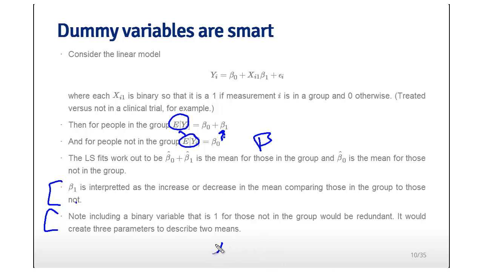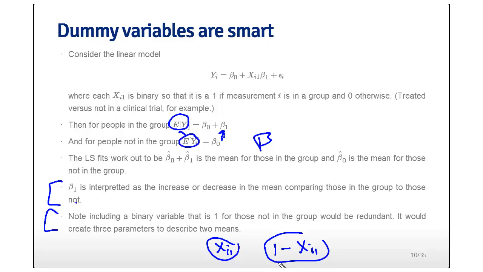If xi1 is our variable that's 1 for those in the group and 0 for those not in the group, then including a variable that's 1 for those that are not in the group and 0 for those who are in the group, that variable just turns out to be 1 minus xi1. You can double check that, but it's pretty clear, right? When xi1 is 1, it's 0. When it's 0, it's 1. So it just reverses the 1s and 0s in this binary variable.